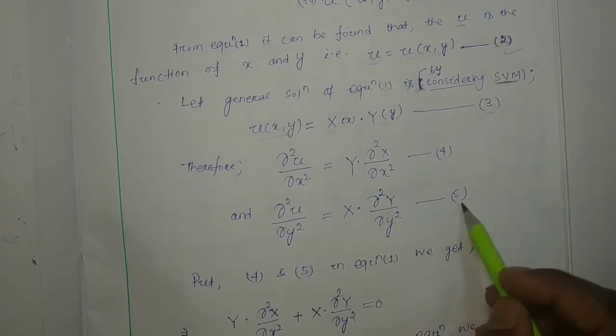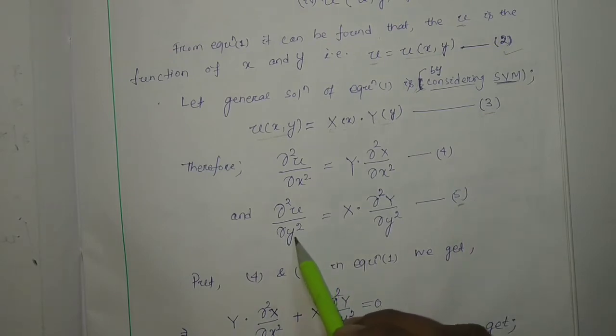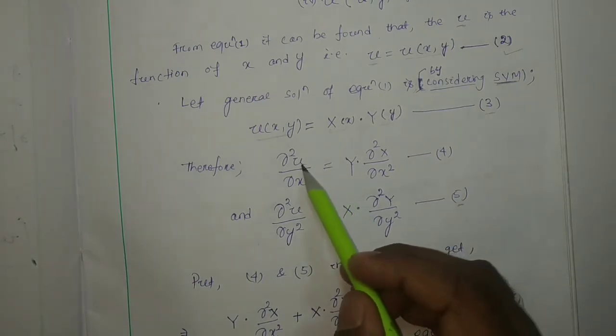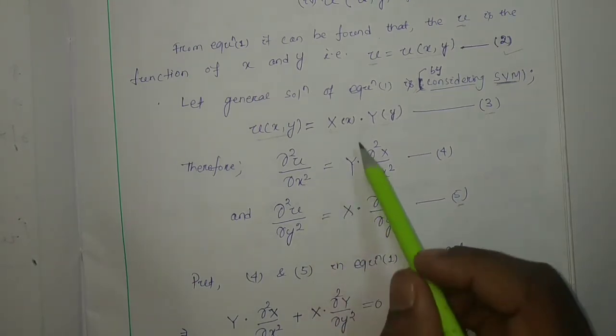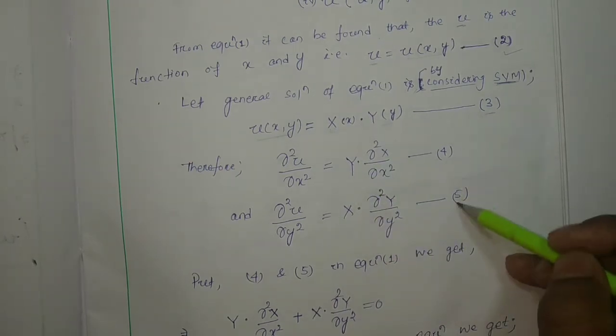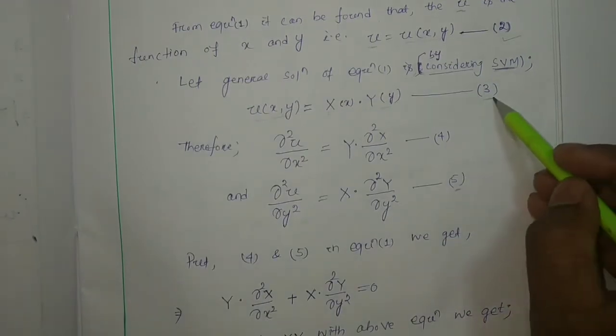Let this be equation number 5. Whenever we take the derivative with respect to y, capital X is constant. Whenever we take the derivative with respect to x, capital Y is constant. So here we found 4 and 5 from equation number 3.